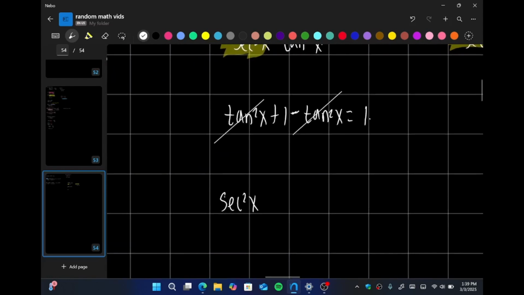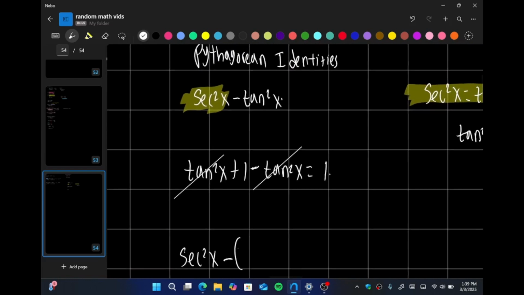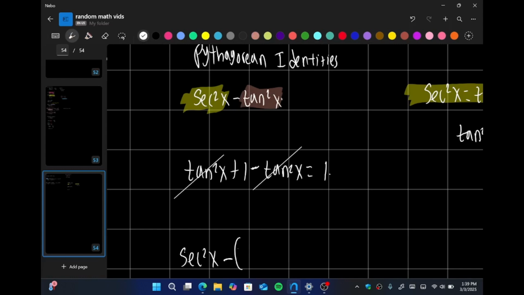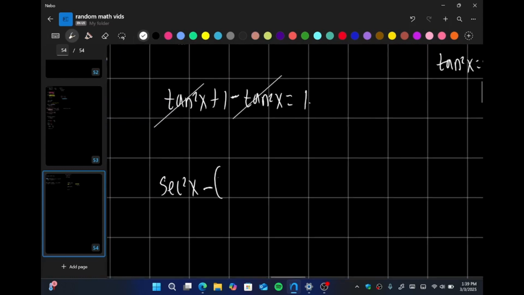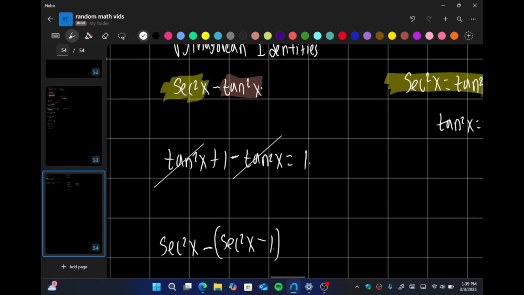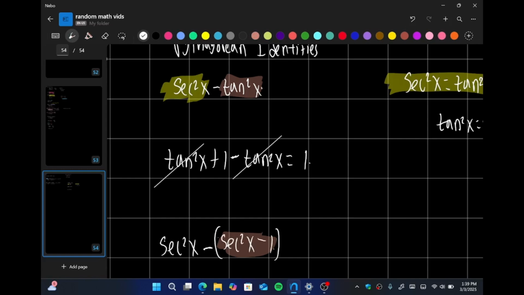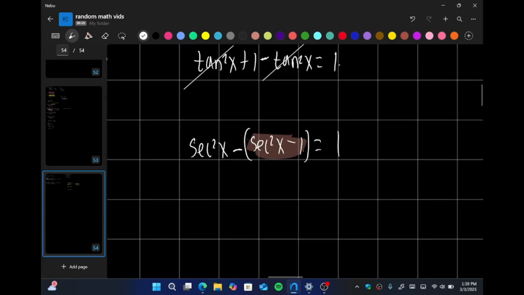So it's going to be minus, and for the tan squared x, we can do minus secant squared x minus 1. So obviously, I'm just showing two different ways, guys. I know this is probably something that we either already know or we forgot, but we would then do the distributive property.